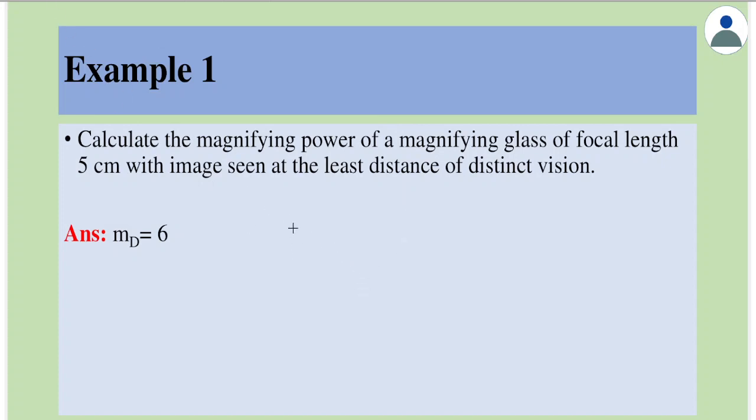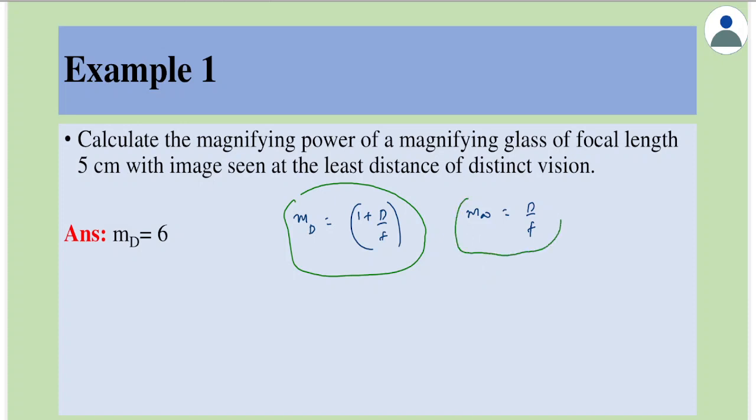One, when the image is formed at D, and that is given as 1 plus D by F. Another form would be M infinite is equal to D by F. This is the magnification when the final image is formed at the least distance of distinct vision, and this is the expression for magnifying power when image is formed at infinity.